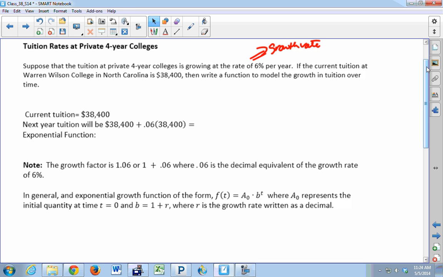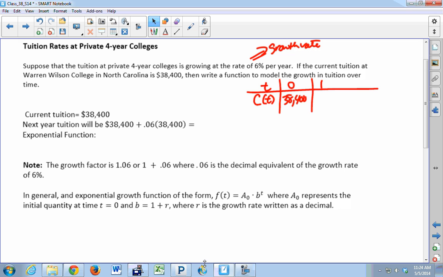So if I were doing a table and T was time and this was my cost, at time T equals 0, it's 38,400. So now I want to calculate what it will be next year, and I'm going to use Amy's idea. Amy's idea said I take my initial value and I add something to that, a constant percentage. It's 6% of 38,400.